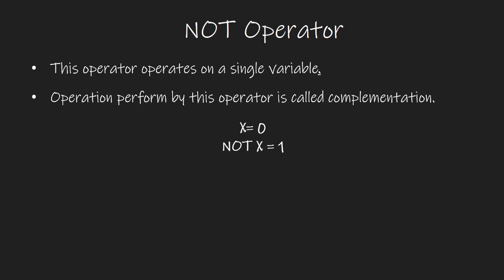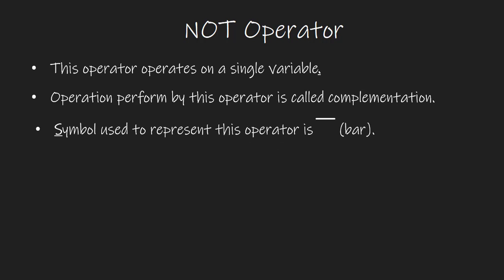It means the opposite of the original value. So if x stores 0, or false, then NOT of x will give us 1, or true. And if x stores 1, then NOT of x will be 0.